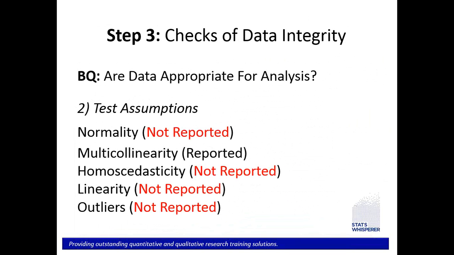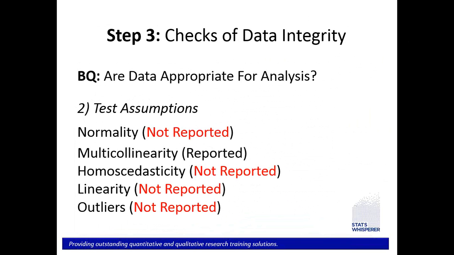Now, number 2, test assumptions. We could probably take a hint from all the things in red here that there's a problem. Are the data appropriate for analysis? Test assumptions: normality. Don't forget, this article we're critiquing uses multiple linear regression.